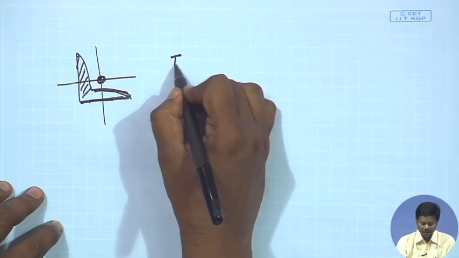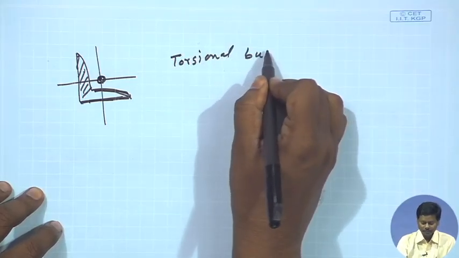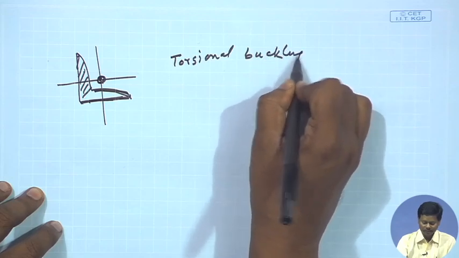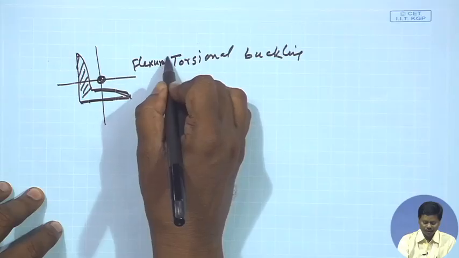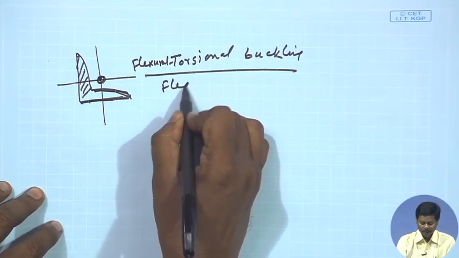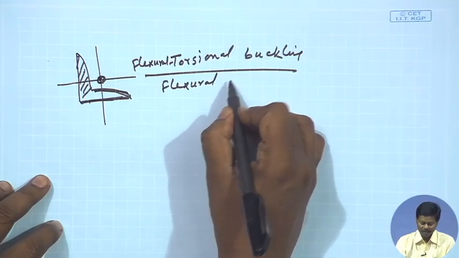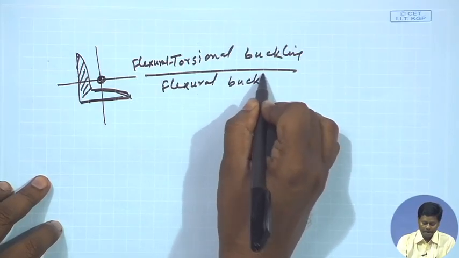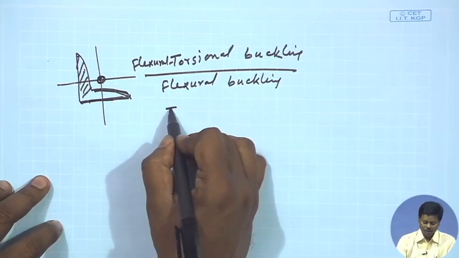One is torsional buckling, basically flexural torsional buckling, will come into picture. Another is flexural buckling, which comes for all the members and is common, and another is torsional buckling.